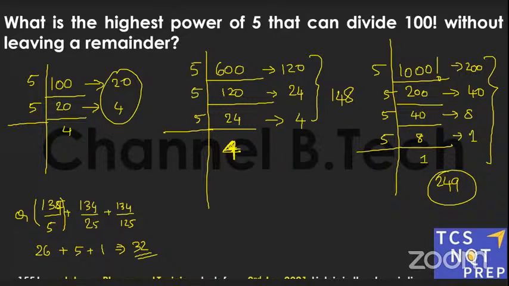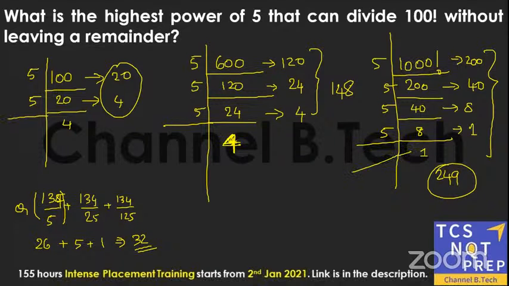Up to what denominator? If you are using the second method, you continue until you get a value less than 5. After that, don't continue. But if you are using the earlier method, if you get quotient equal to 0, that part you can leave.